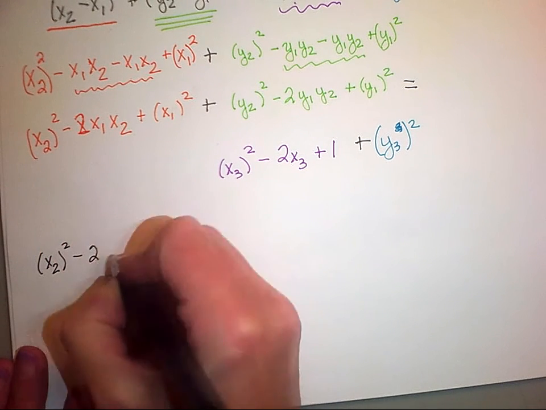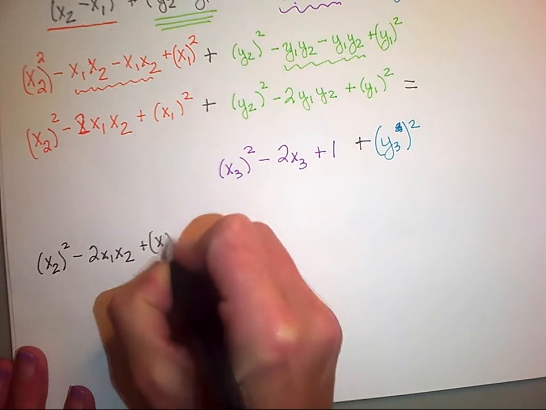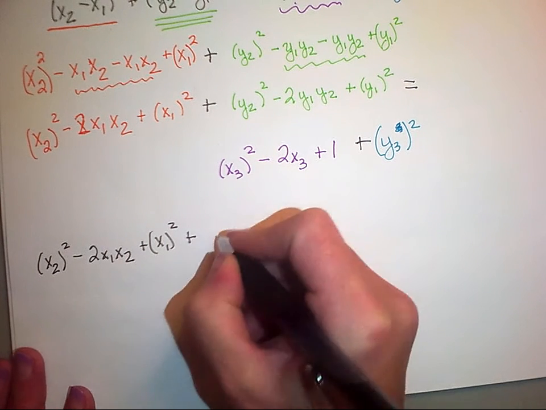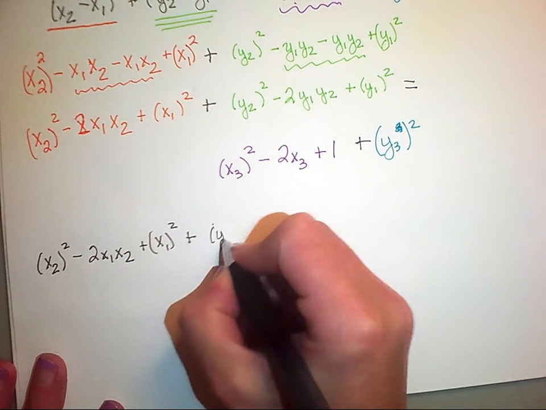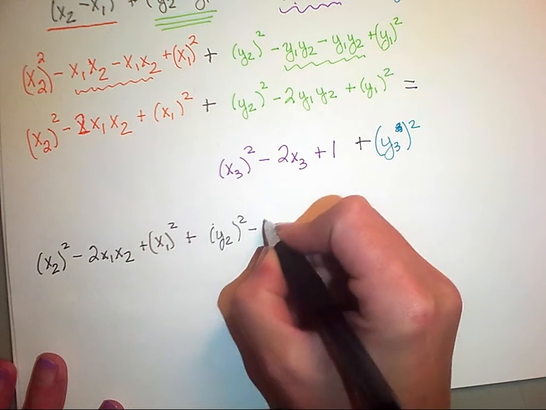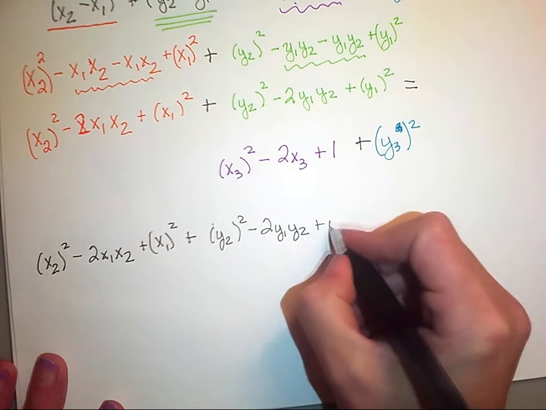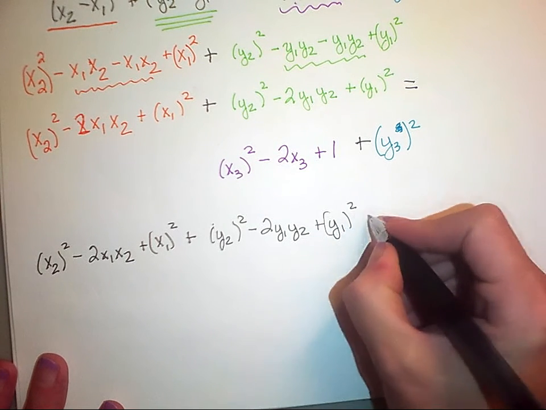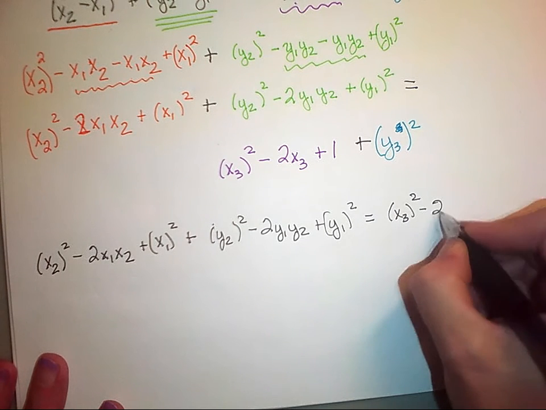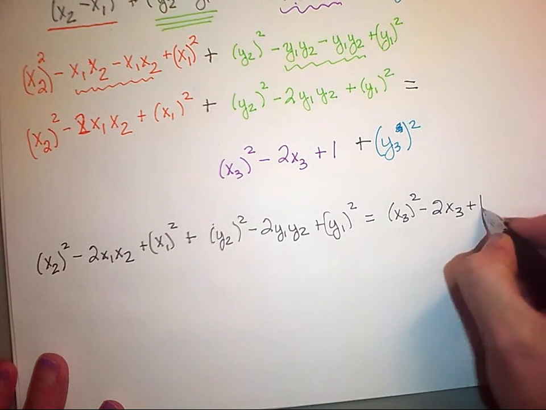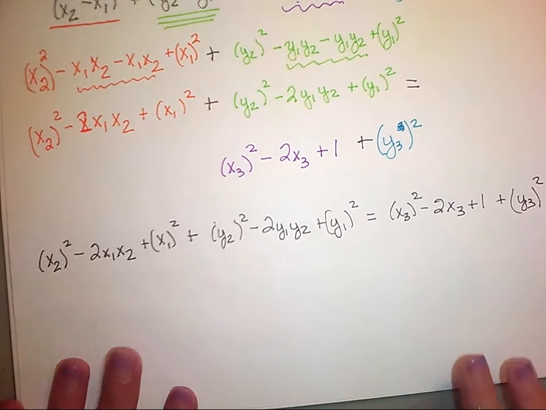So x sub 2 squared minus 2x1 x2 plus x sub 1 squared plus y sub 2 squared minus 2 y sub 1 y sub 2 plus y sub 1 squared is equal to x sub 3 squared minus 2x3 plus 1 plus y sub 3 squared.